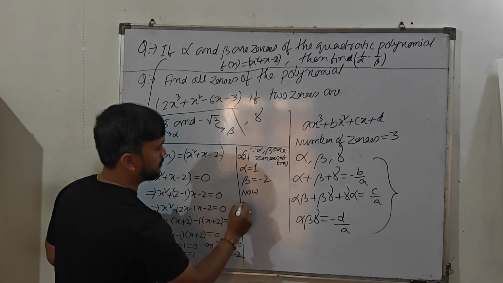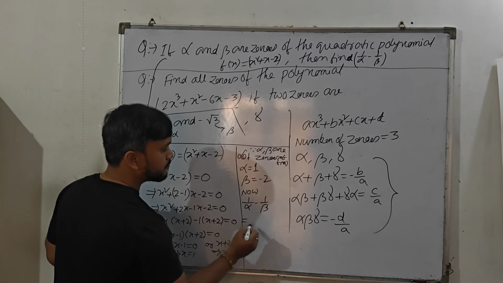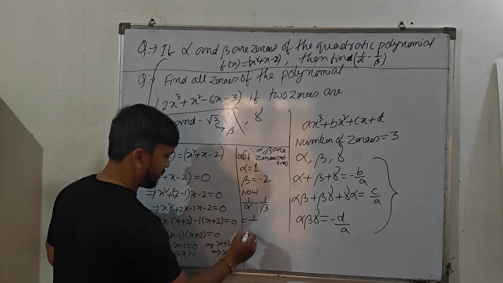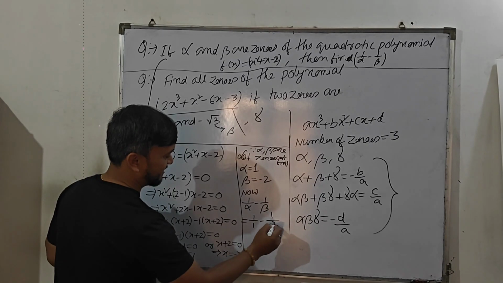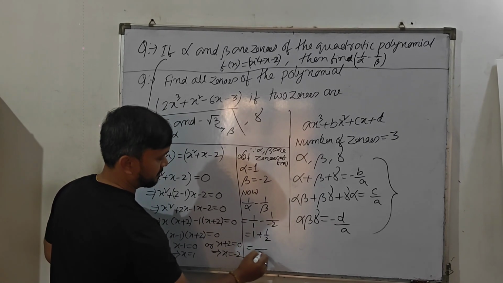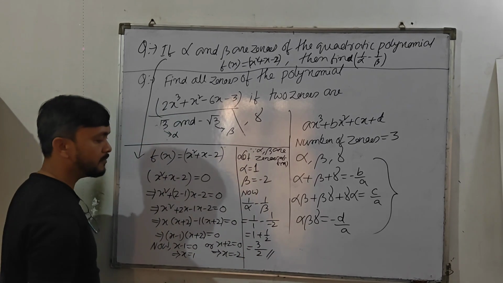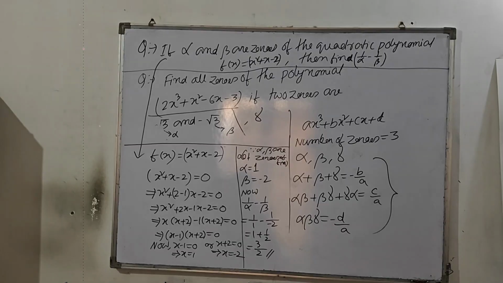Now, 1 by alpha minus 1 by beta. Here we will now put this values. It is 3 by 2.